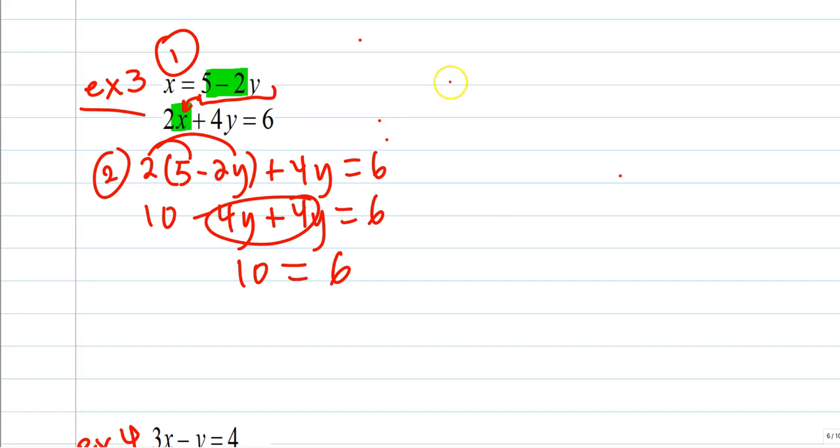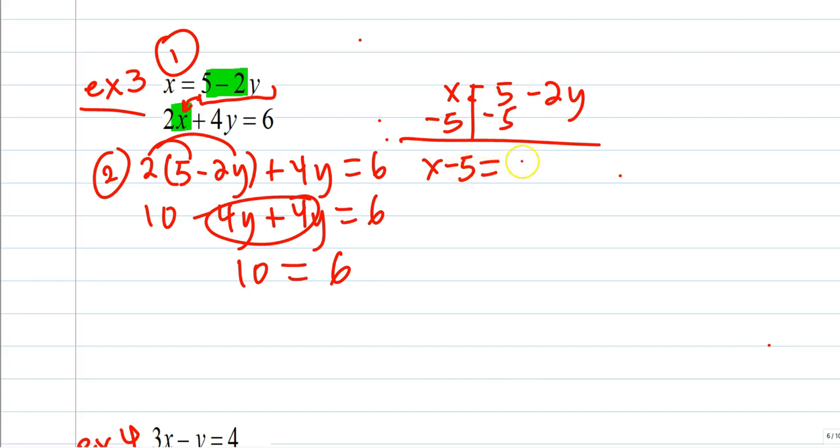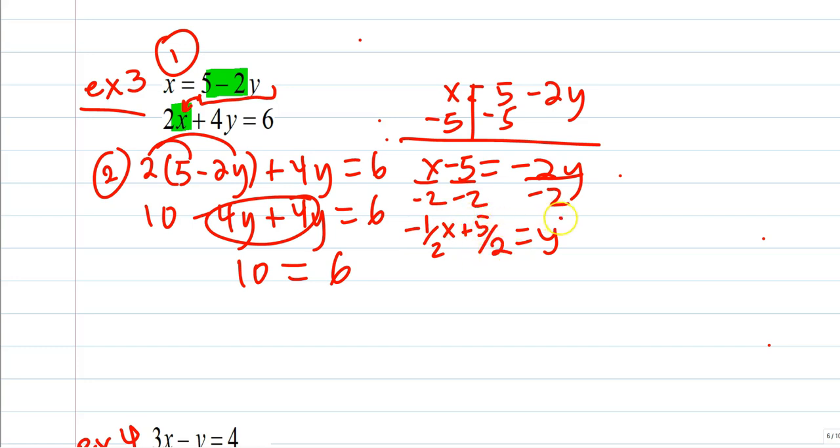If I took that first equation and I solve for y, x minus 5 is equal to negative 2y. Divide everything by negative 2. I don't feel like graphing this. I could look at it with technology, but I have what? Negative 1/2 x plus 5 halves. Not fun.